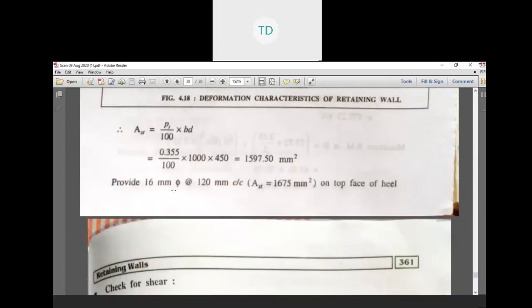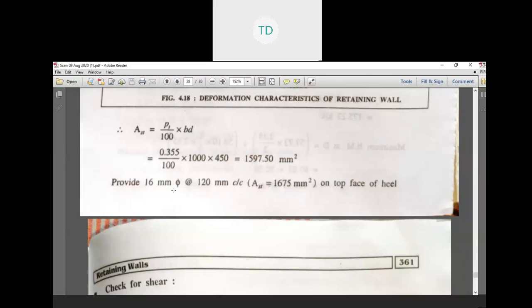which we used in past reinforced concrete design, which is Ast equal to 0.5 fck upon fy, in bracket, 1 minus under root of 1 minus 4.6 Mu upon fck bd square, bracket over, into b into d.